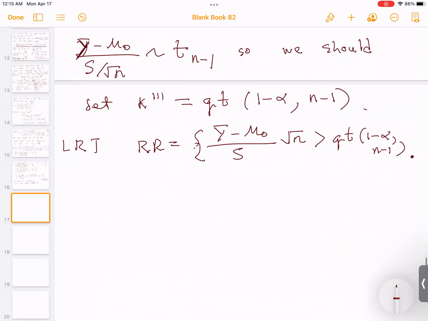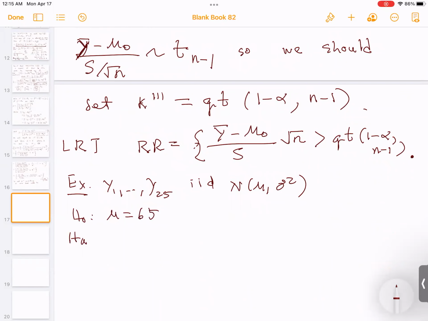Now, to finish, let's just do a short numerical example. So say we have y1 through y25, both parameters unknown, normal, and we want to test H0 versus HA, say mu equals 65.